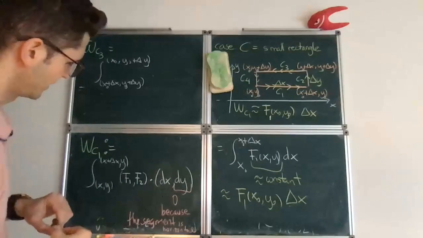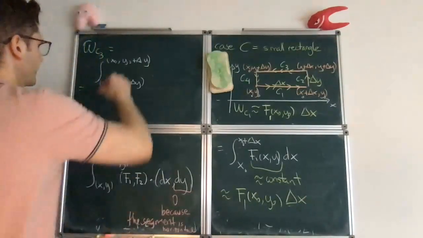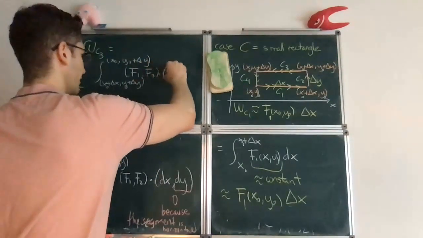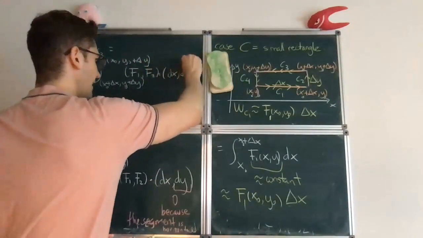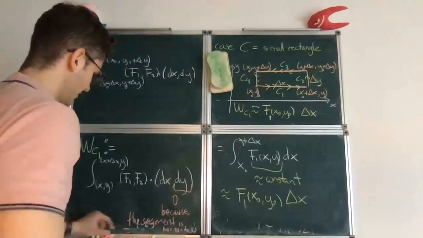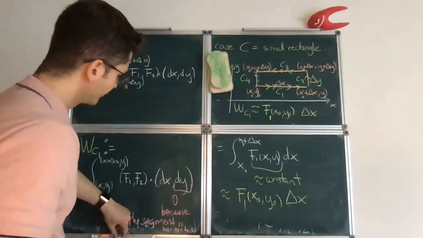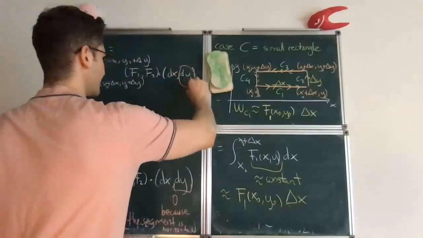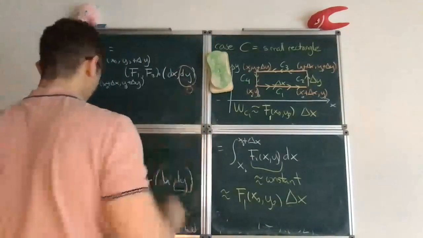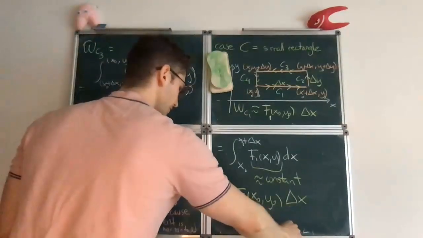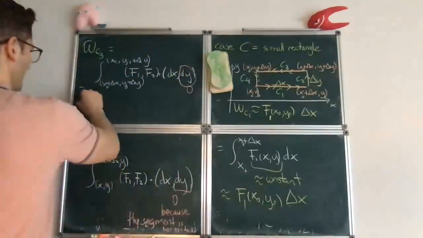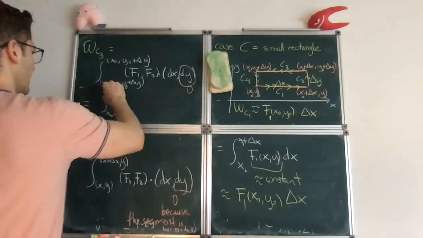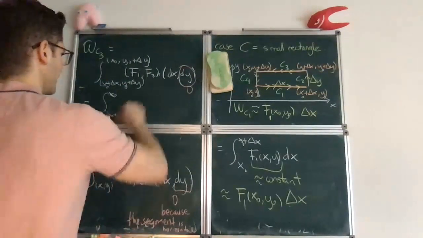And you're taking the dot product between (f1, f2) and (dx, dy). Again, this is 0 because there's no change in height. So you just need to do the integral from x naught plus delta x to x naught of f1 dx.